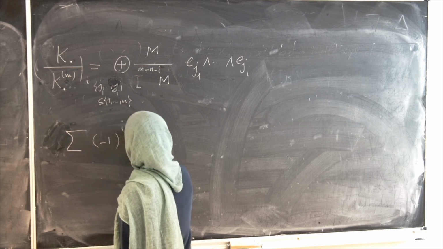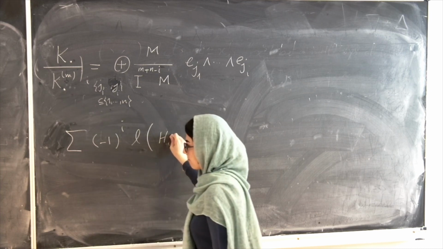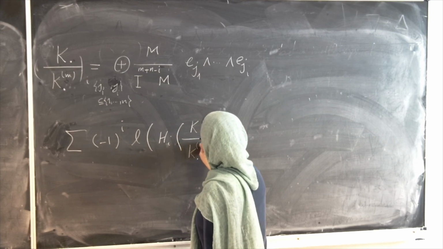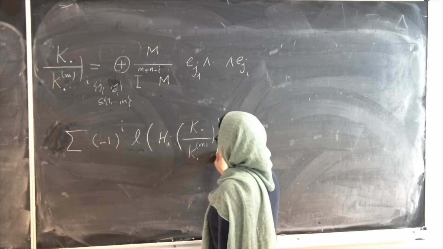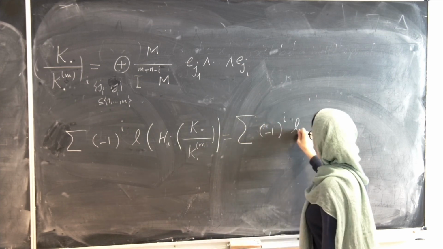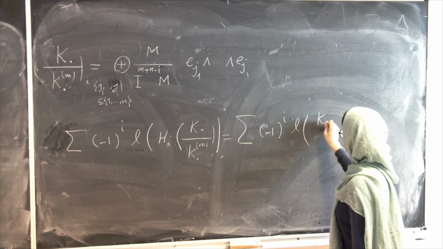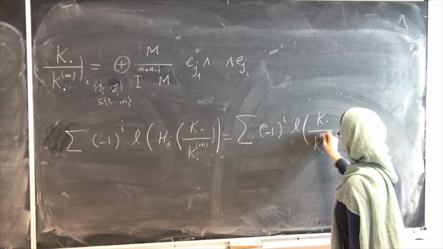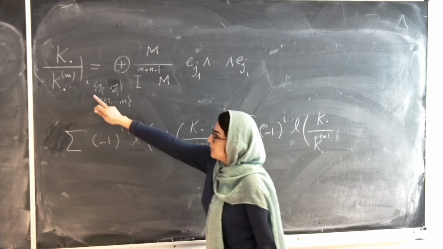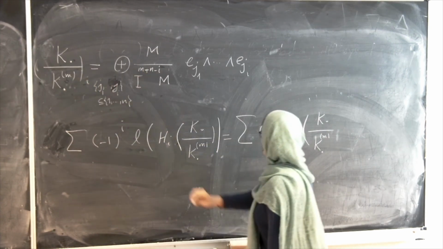This alternating sum is just this alternating sum, because all these homology modules have finite lengths.